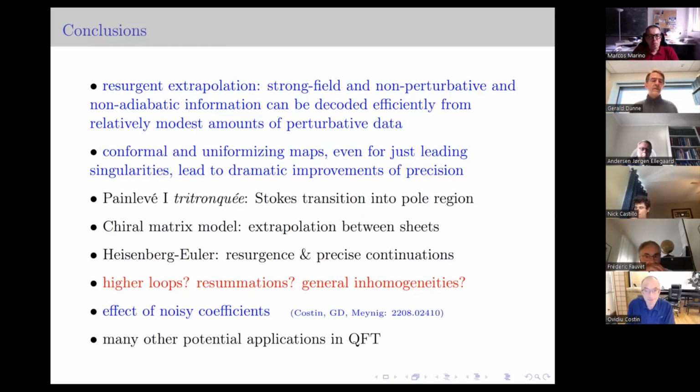The tools are very simple. They're just conformal maps and uniformizing maps. And even if you just apply them to the leading singularities, you get dramatic improvements over doing nothing.